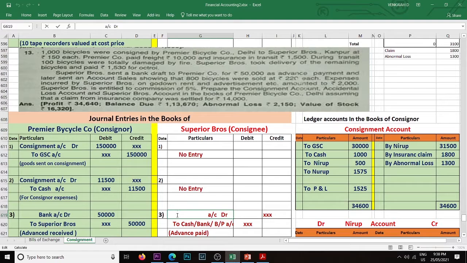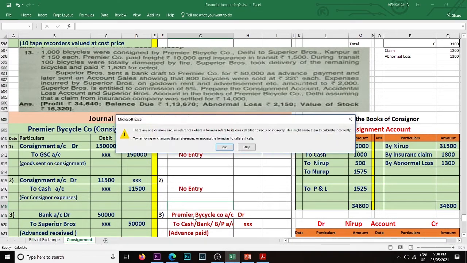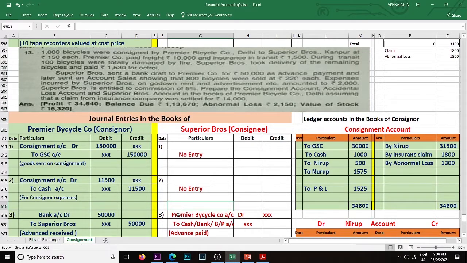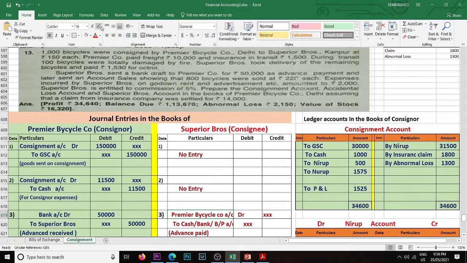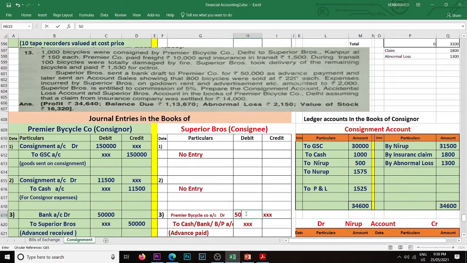So here bank draft is paid to Premier Bicycle and Co. Amount is 50,000. So here also we will change to bank.